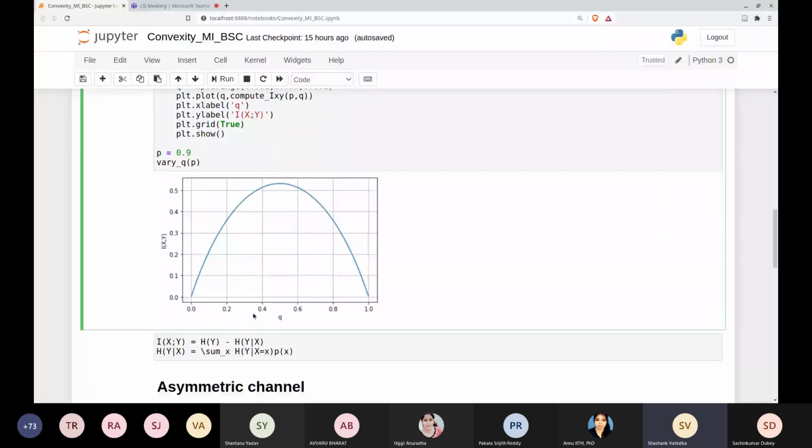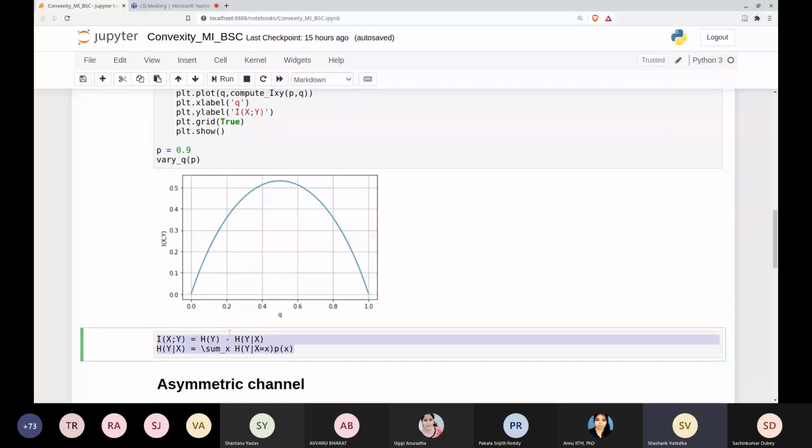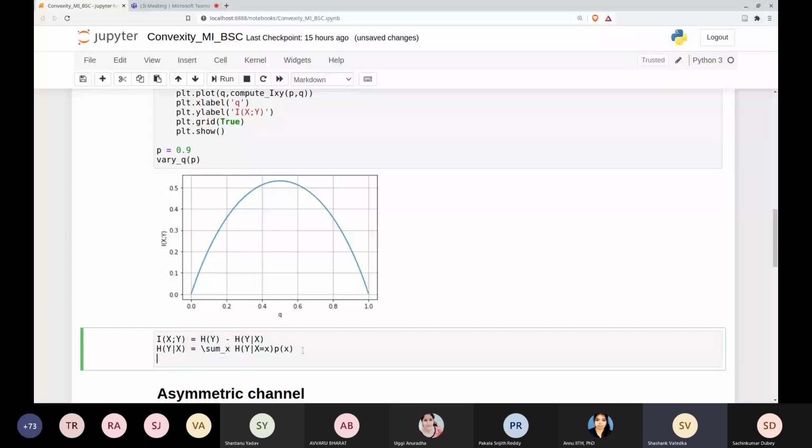We've seen that this is because for a symmetric channel, H(Y|X) is independent of X, independent of P_X, and therefore I(X;Y) is maximized when H(Y) is maximized, and H(Y) is maximized when H(X) is maximized.